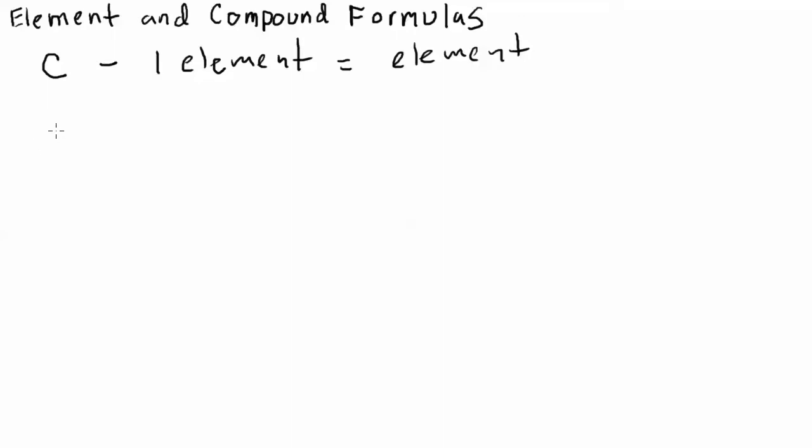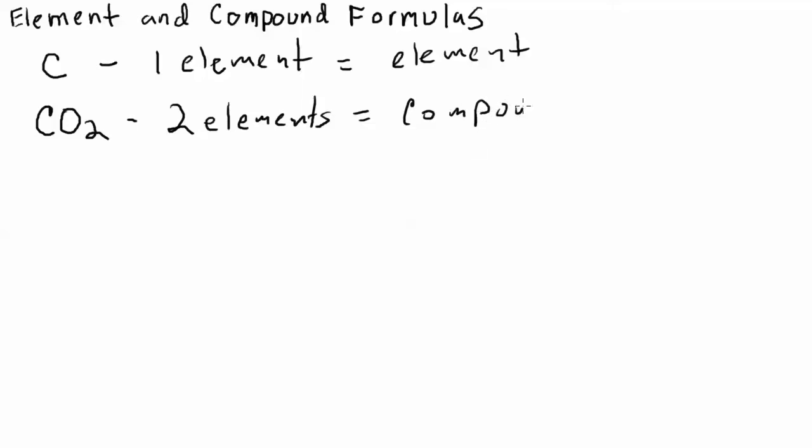But if you see two or more elements' chemical symbols together, with nothing in between them, like this, that's got two elements in it, then that's a compound. Now, that's pretty simple. If it's just one element symbol in the formula, then that's an element. If there are two or more element symbols in the formula, then that's a compound.